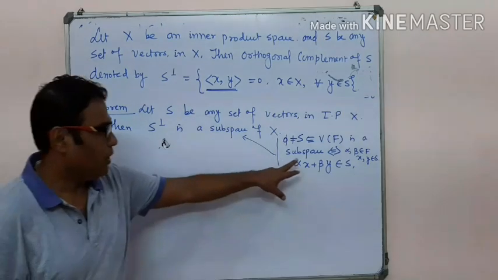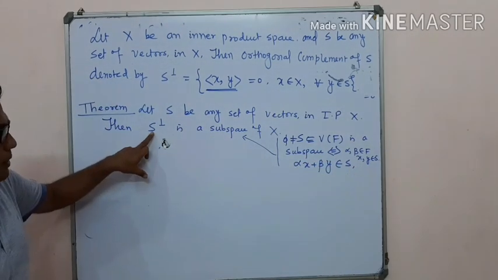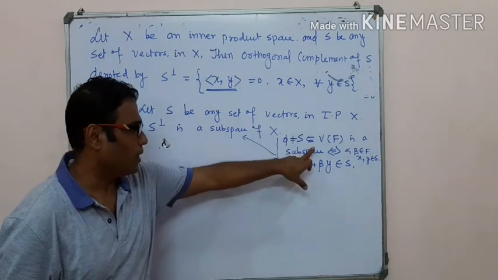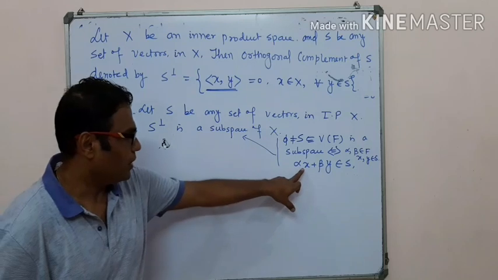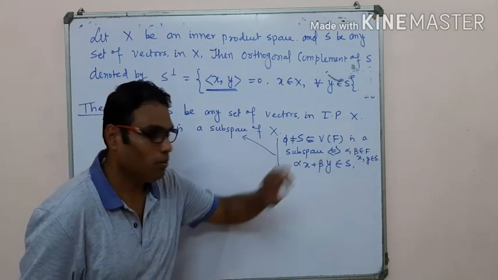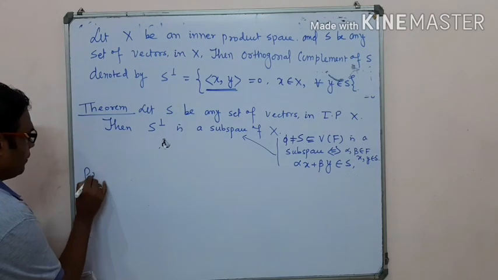So we need two elements in the complement. We take any two scalars, alpha and beta, and we prove that this particular expression belongs to S complement. Now the proof of this theorem is very simple.